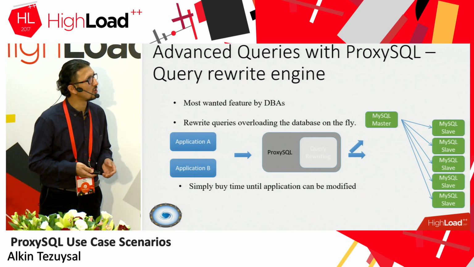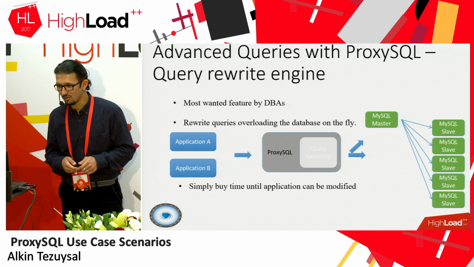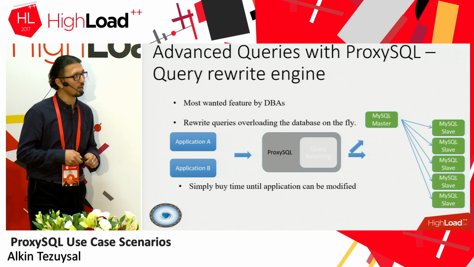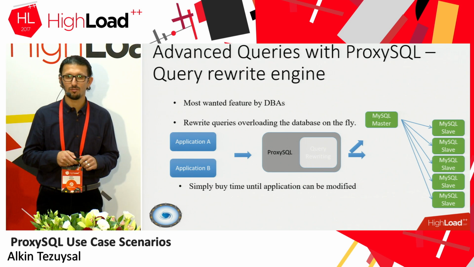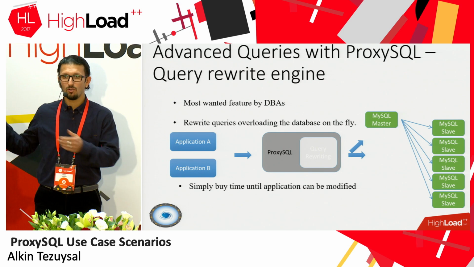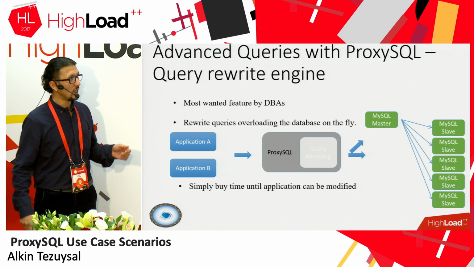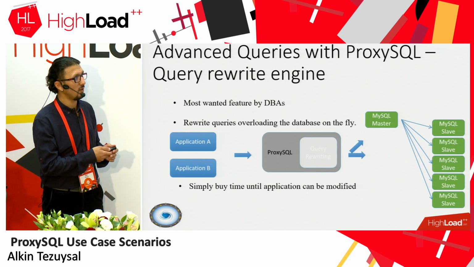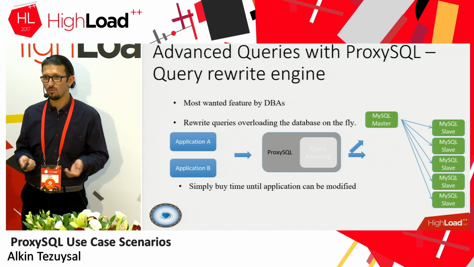This was the most wanted feature for DBAs and Rene. He could rewrite the query coming in on the fly without having to ask development. Once development fixes the problem, it's fixed. And in MySQL, if you're familiar, changing data structure is also problematic.